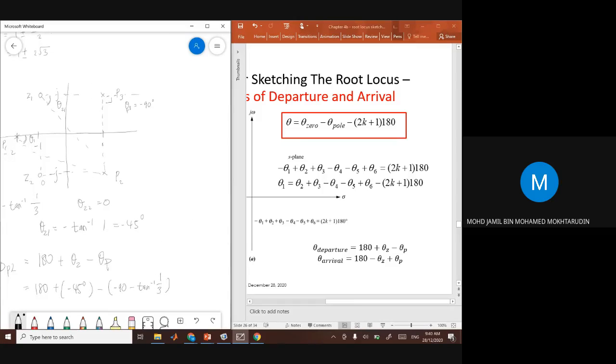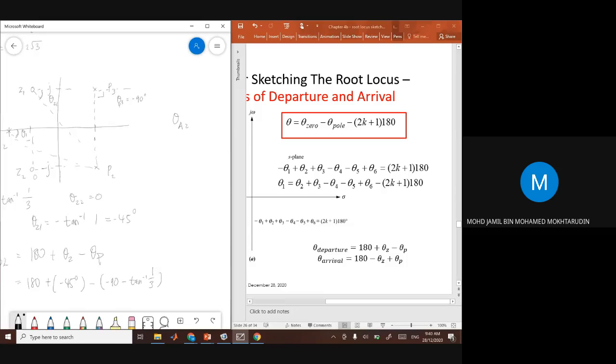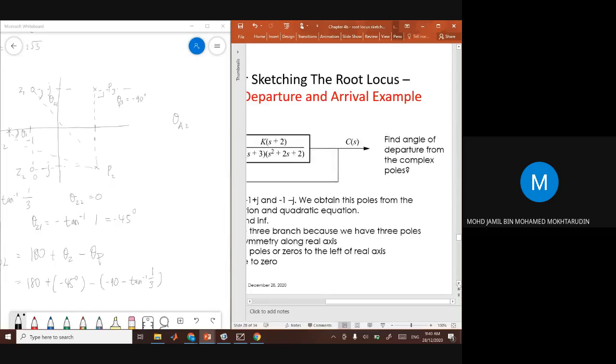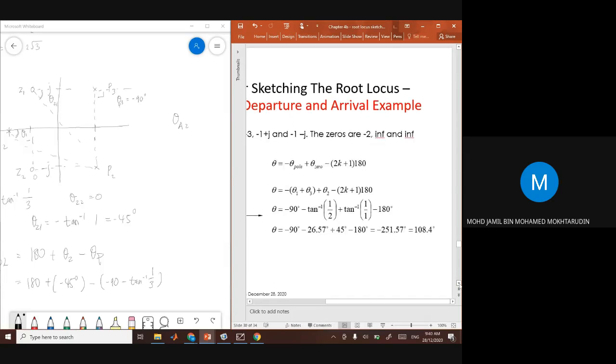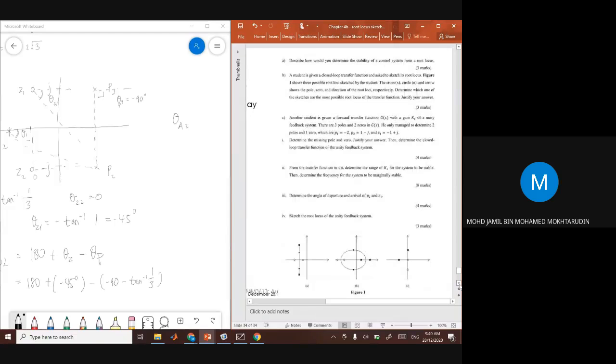Okay, so angle of departure is for poles, okay? And for zeros, it's the angle of arrival. Okay, so for the angle of arrival at Z1, the angle from pole P3 is 180.